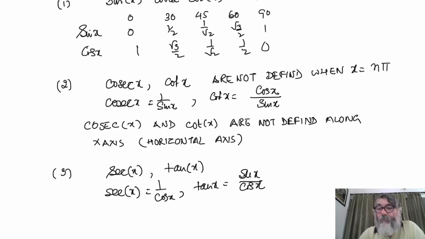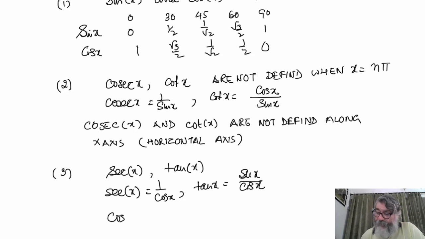So actually what happens is that where cos x will be 0, sec x and tan x will not be defined, because cos x comes in the denominator, and if cos x becomes 0, then the term will not be defined. So where does cos x become 0?